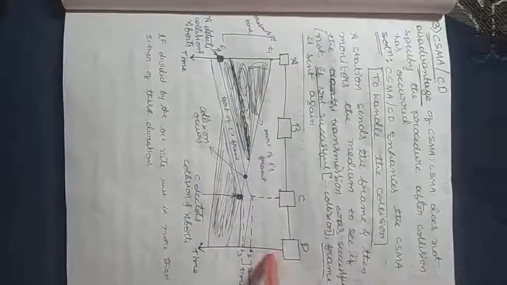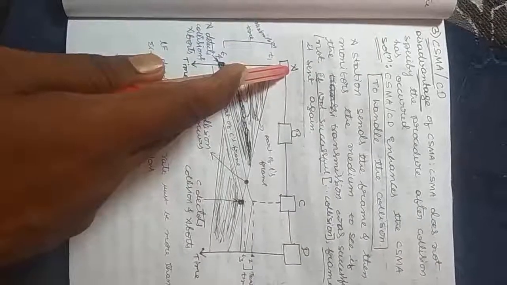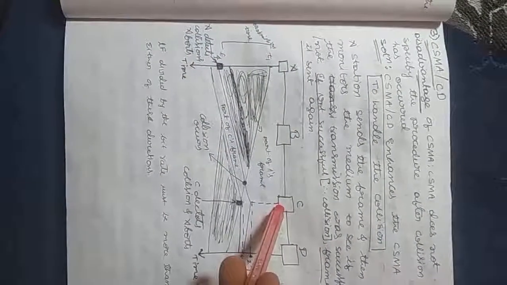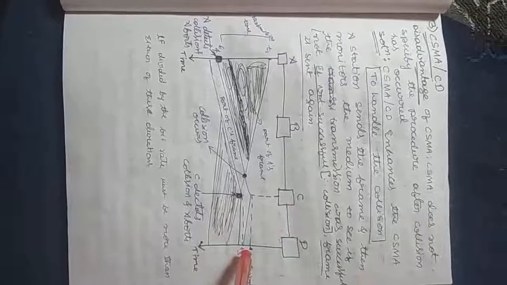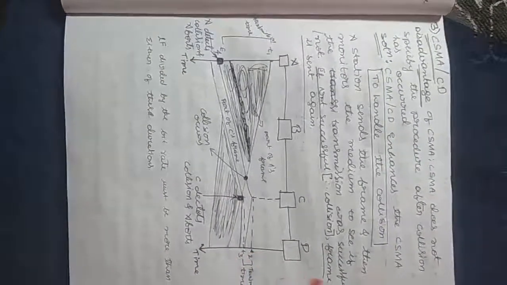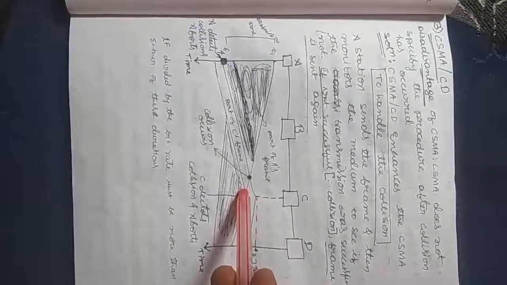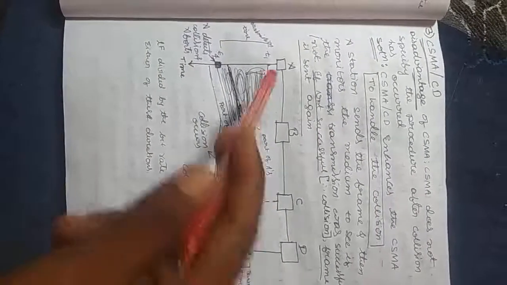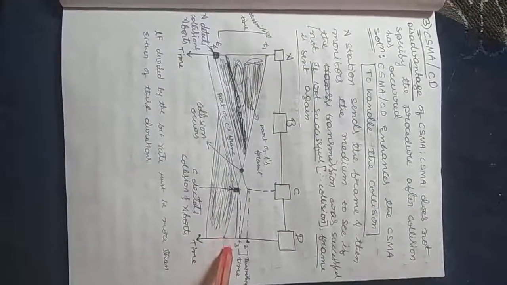See how it works. You can see that station A will transmit the data at time T1. Station C will send the data at time T2, and C can detect the collision with station A's data at time T3.